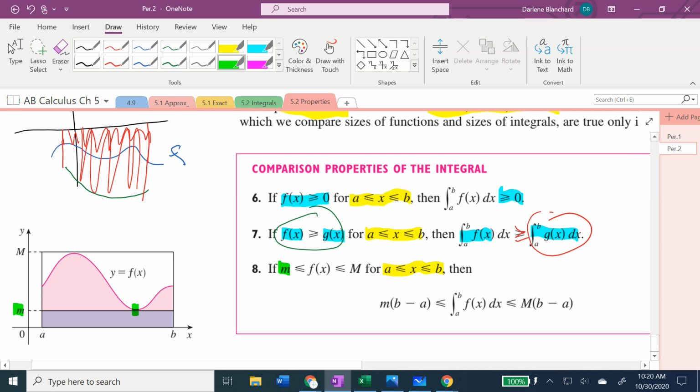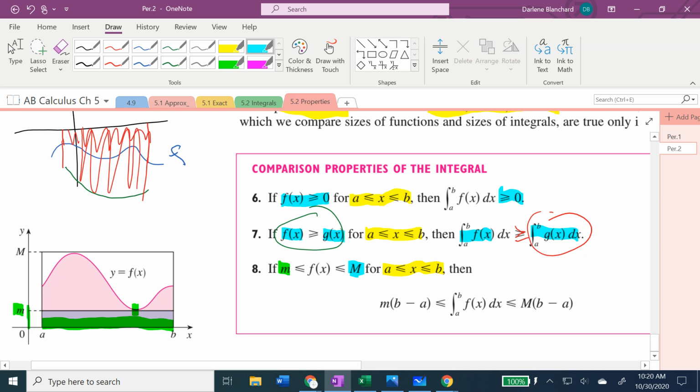If you take that absolute minimum's value and you multiply it by the length of the interval, you will get a rectangle whose area is less than what you're getting from that definite integral. That should make sense. And you realize that the area of the integral is everything under this pink line, all the way down to the x-axis.